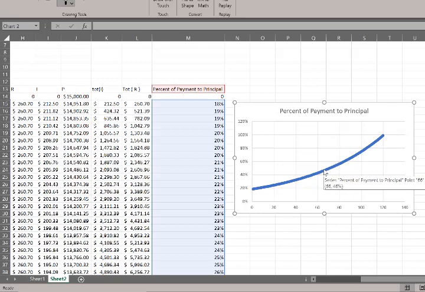the curve is different. The same bend was present in the other graph. It was so subtle that you weren't really able to see it, but here it's very pronounced. As you can see, principal starts off at 20% and grows slowly, but as you reach the end it starts to increase how much principal you're paying down.